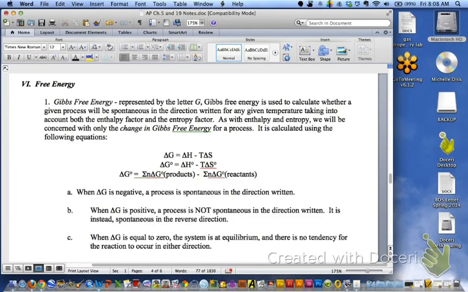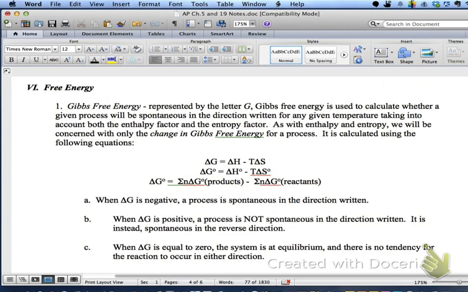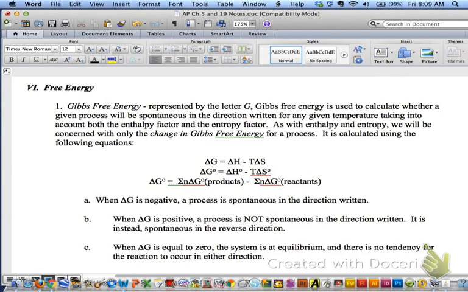I'm going to switch off of the Elmo projection of the problem set and let you see what's on my computer screen, which is the notes for chapters 5 and 19.